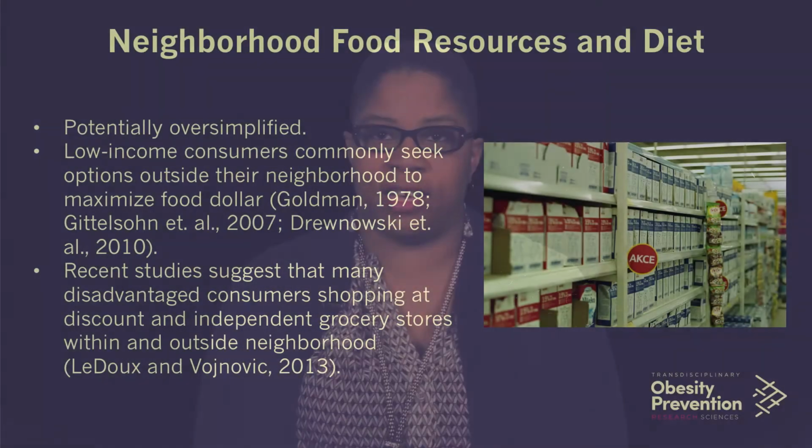But some of this work may be oversimplified, in that neighborhoods may contribute in multiple ways, not just through the pathway of behavior. Low-income neighborhoods may also have other characteristics like unemployment or poverty, which have been shown to contribute directly to obesity risk, not just through diet or physical activity.